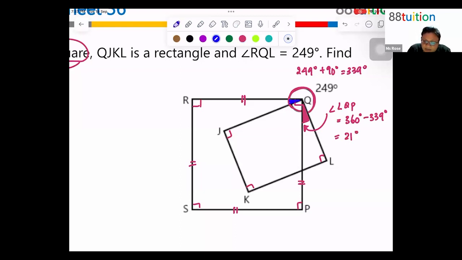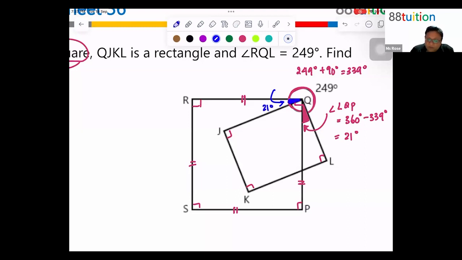So we can do the same for the angle on this side. It's also the same, 21 degrees.